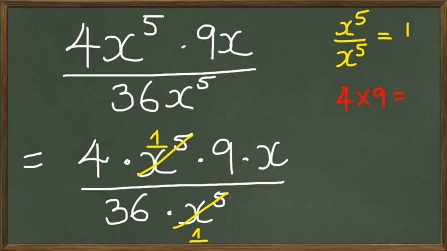So 4 times 9 is 36, which means you also have 36 in the numerator and 36 in the denominator, which of course cancel out each other. So those three will cancel out each other to get replaced with 1. Which means in the end, all you really have for the final answer is simply x by itself.